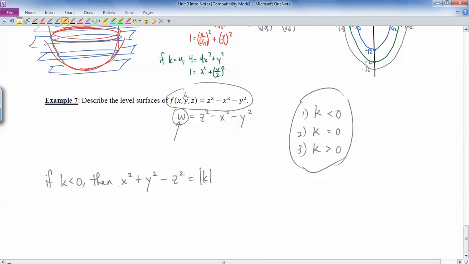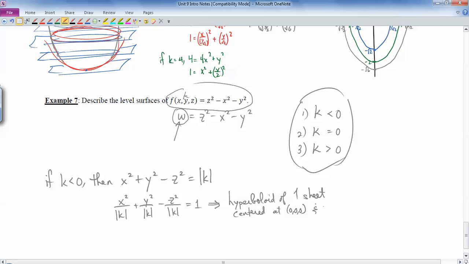So this right here, if you divide by absolute value of k, you get x squared over absolute value of k plus y squared over absolute value of k minus z squared over absolute value of k equals 1. That's the equation of a hyperboloid of one sheet centered at 0, 0, 0.